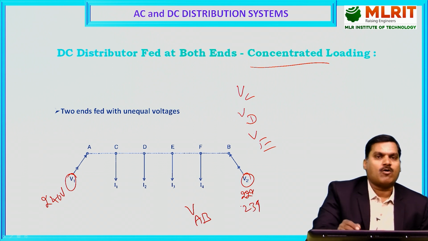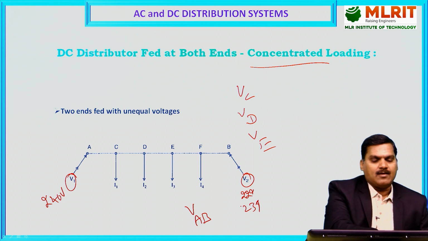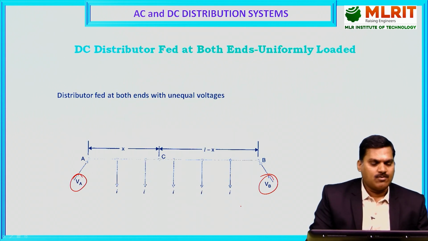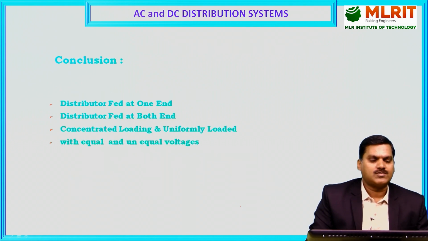How much voltage drop is happening from A to B, we have to calculate in this analysis. So in all the cases, with different loading arrangements, what are the voltage drops, what is the voltage at different nodes, that we need to calculate.